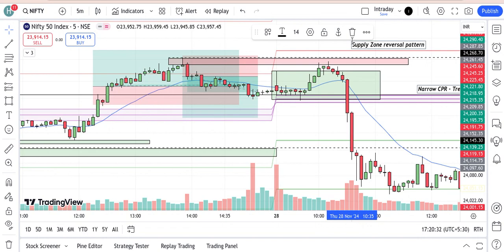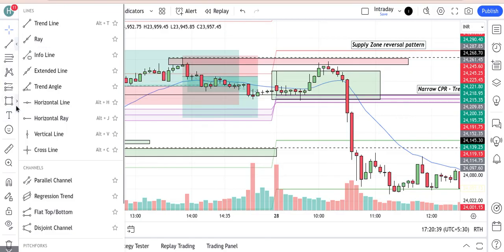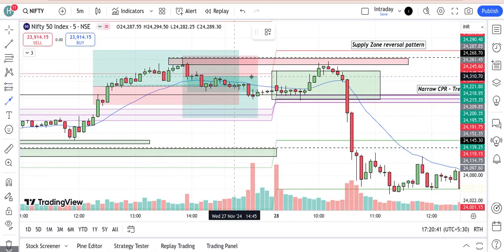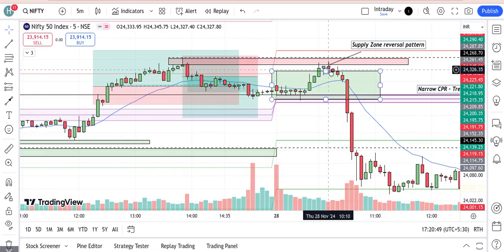This pattern is very simple. Whenever the market, Nifty, comes to the supply zone and makes a proper bearish candle, here you should go short. And then your target should be the day's low. So here is your target.